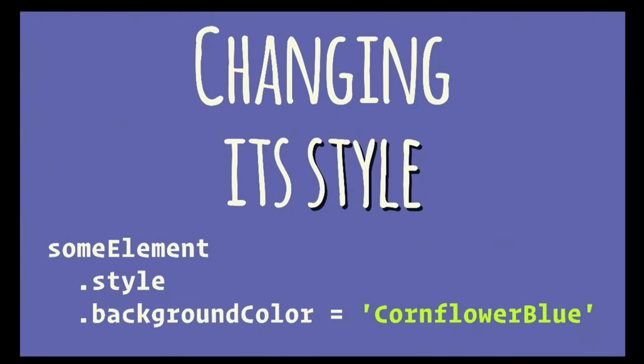And in CSS, you use dashes to separate words, right? So it would be background dash color. In JavaScript, it's camel cased, so background capital C color. And you can get to any of the CSS properties that way. So we'll do a little of that in class.